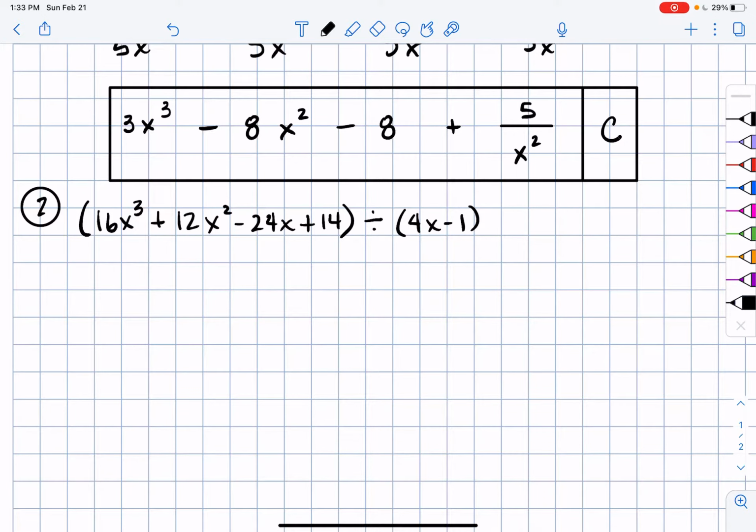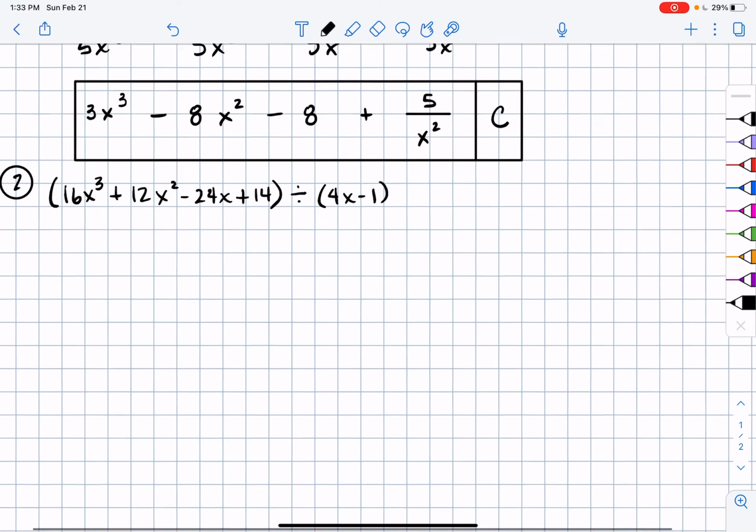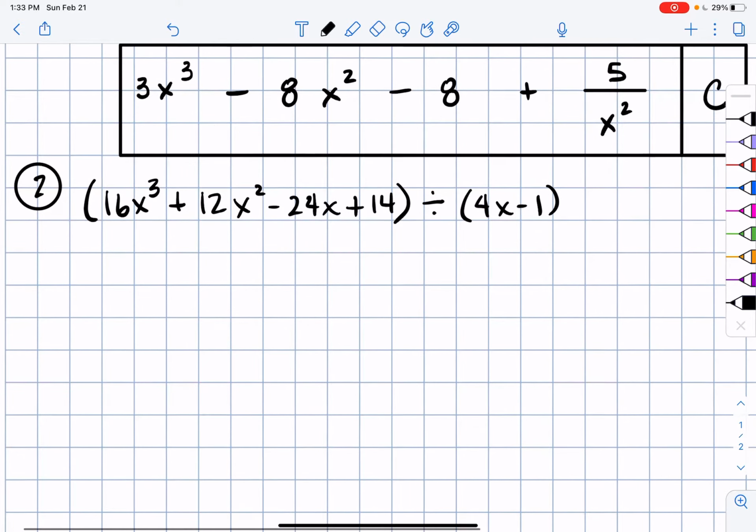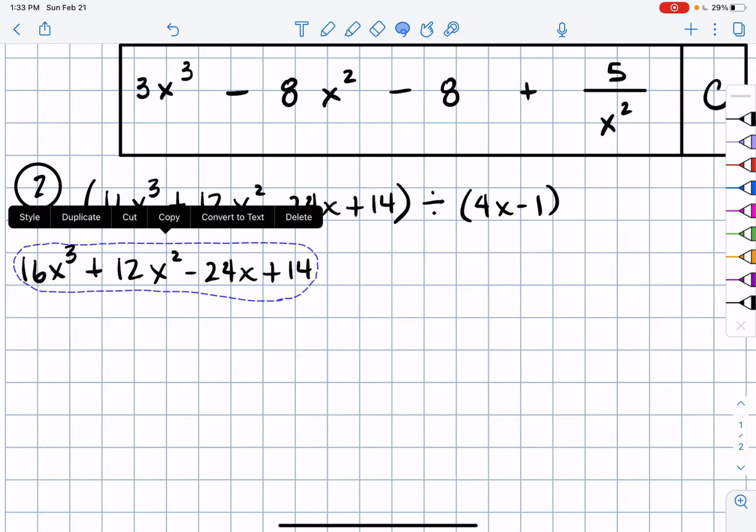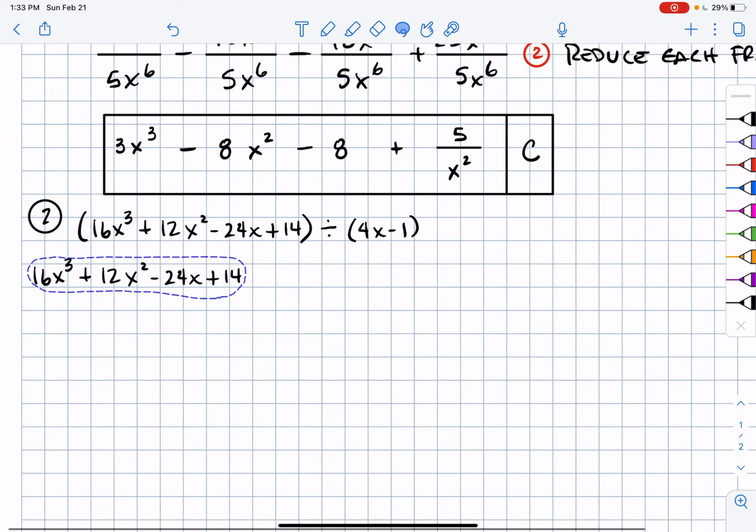Okay? So if I was to rewrite this as a regular fraction, this would look something like this. Yeah, let's just leave it that way.